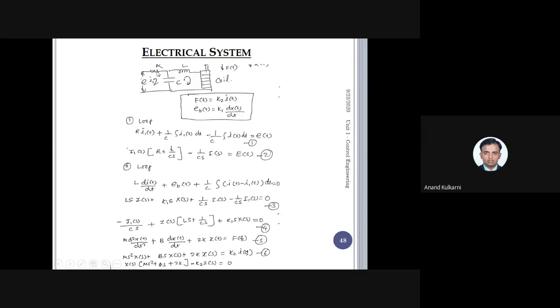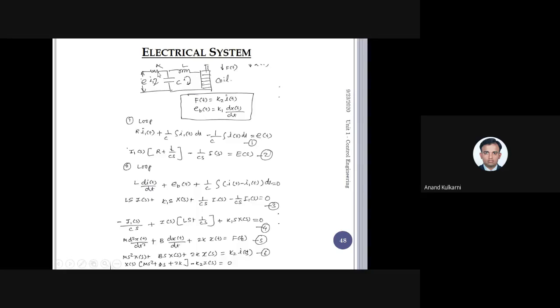So voltage drop across resistance R is R into I1 of t. Then voltage drop across this capacitance is 1 upon C integration of I1 dt minus 1 upon C integration of I dt, because the current flowing in this capacitor is I1 in a downward direction and I in the upward direction.